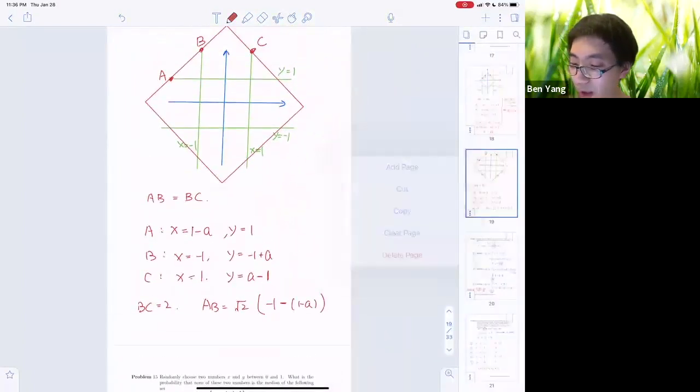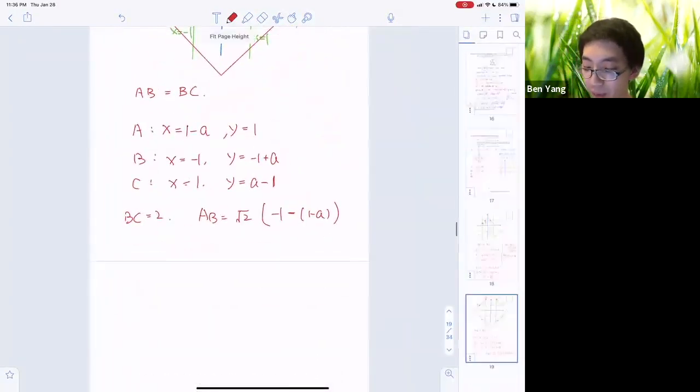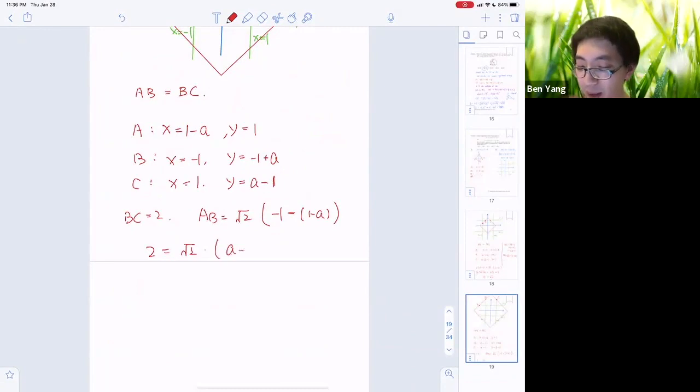Okay, so we have an equation for a. So 2 is equal to square root of 2 times a minus 2. So that gives us a is equal to 2 plus square root of 2.